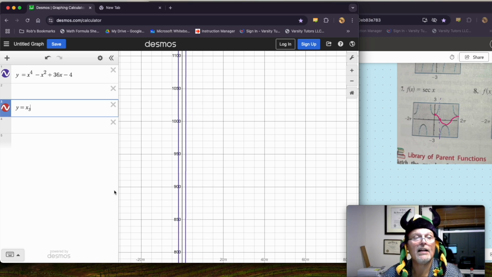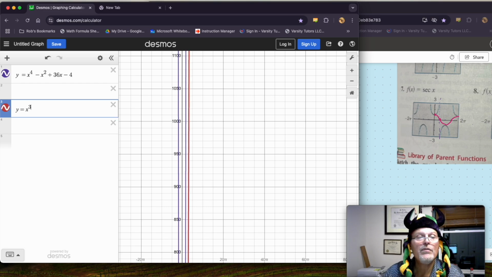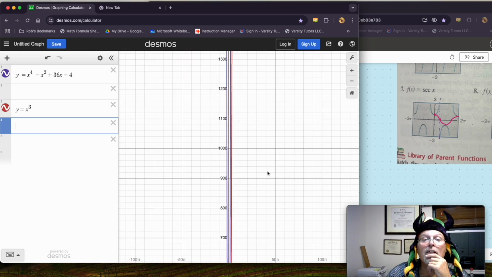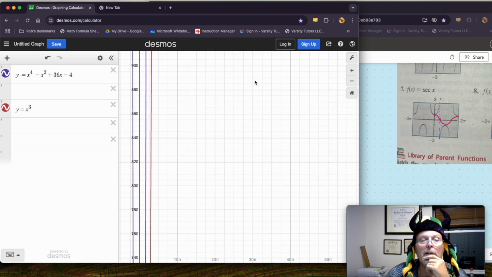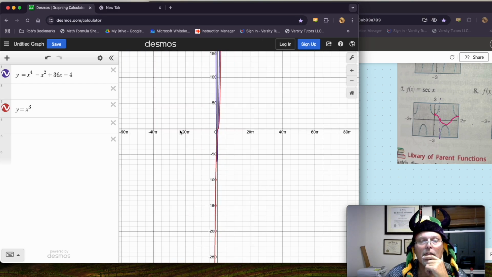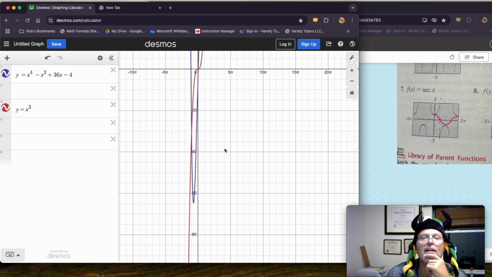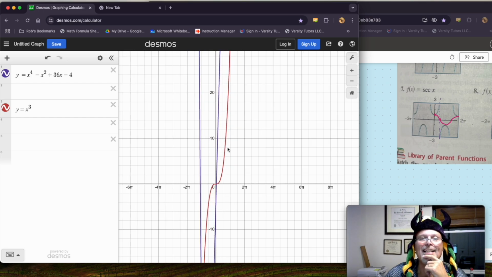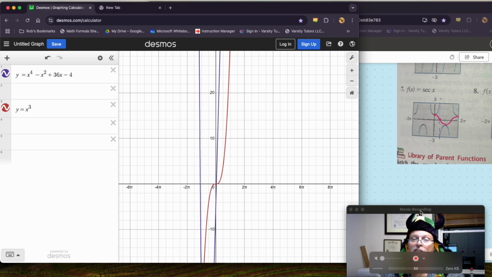Similarly, if I look at x cubed, right, and I zoom in a little bit, my x cubed behavior is odd, which means that the two are going to be in opposite directions as we go toward x equals infinity and -infinity. And that's really all the odds and the evens are.